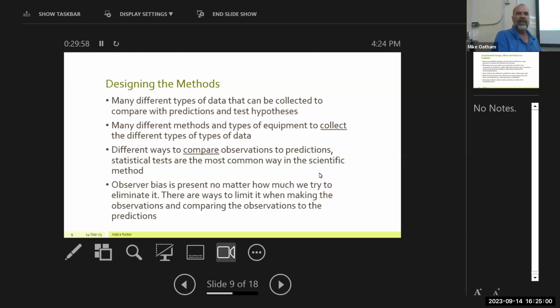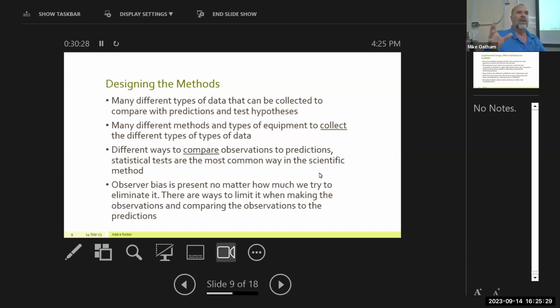So there are different ways to compare observations to predictions. They're all mainly statistical tests, but you can also use things like graphical tests. So just simply comparing a graph, okay, which shows whether or not your observations are in one part, whereas your predictions are in another part of the graph, okay?